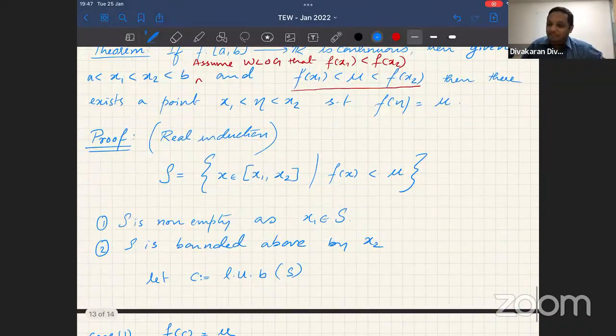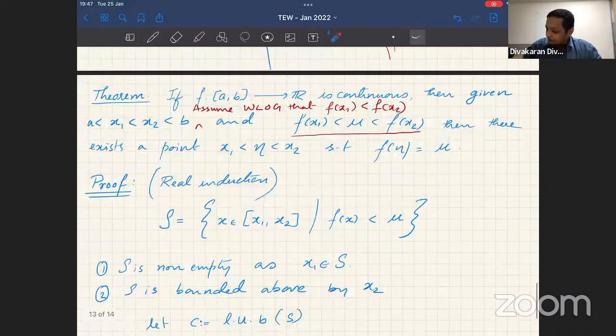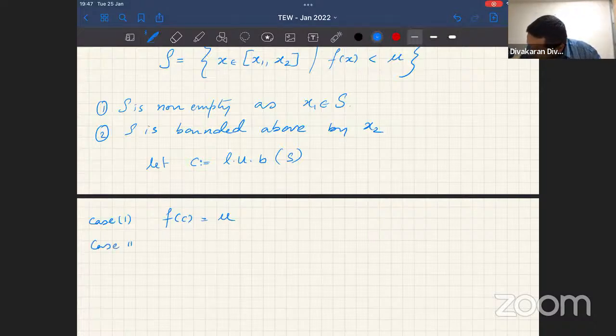Because mu is equal to C. So this case is really, really easy, because if f of C is equal to mu, then take C, and our proof is complete because mu is equal to C. Hence proof complete.